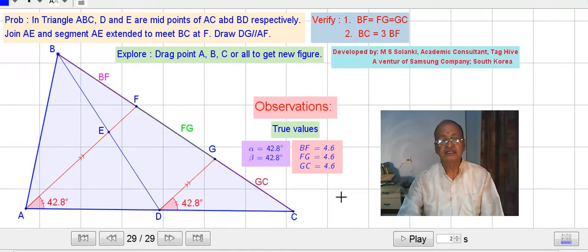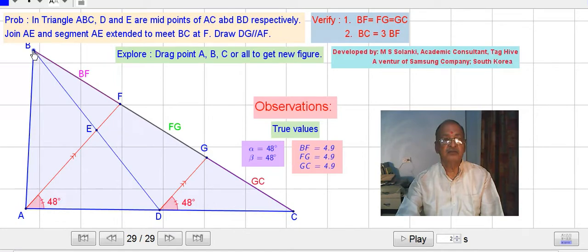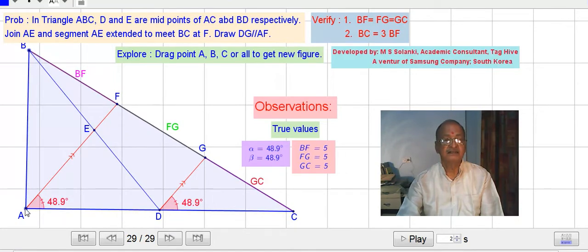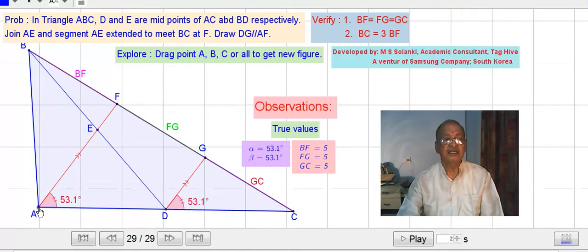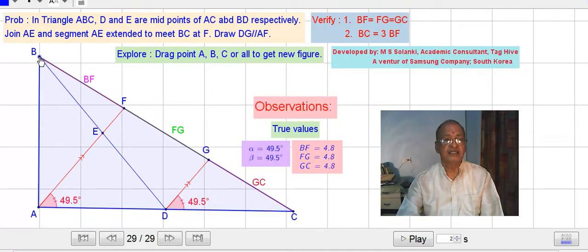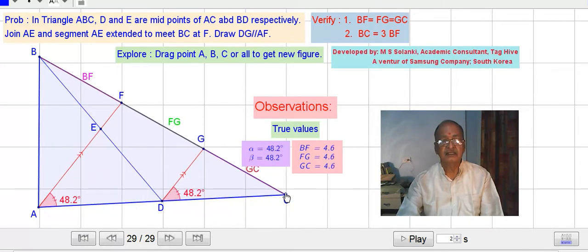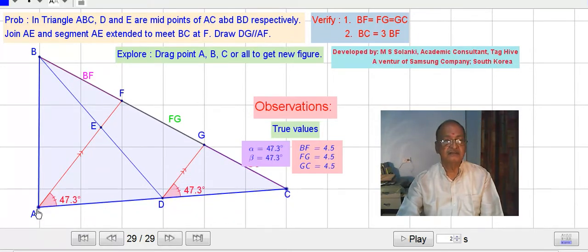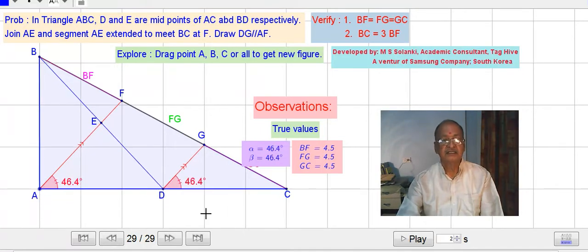Or you can see this. If I want to make it 90 degree, this AB is per angle A, making like 90 degree, putting on this coordinates, this graph paper.